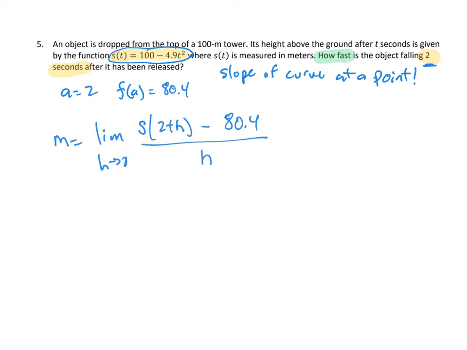And then the key is to be careful how you plug this 2 plus h into that formula. So I'm going to write that out here. S of 2 plus h, that's going to be 100 minus 4.9 times 2 plus h squared. That's just this first piece. That's just this guy. We haven't done the minus 80.4 yet. I'm going to write that in right now.